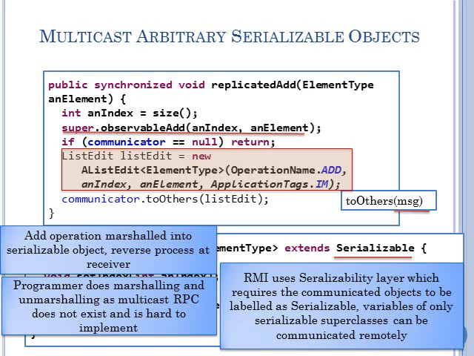So normally, if you use RMI, the marshalling and unmarshalling is done automatically for you. But we're using multicast, and building a multicast RMI layer is tricky. I've done that in another system. But you can't just take RMI and put a multicast layer on top of it. You have to change RMI because RMI is blocking, and it sends things only to one side.